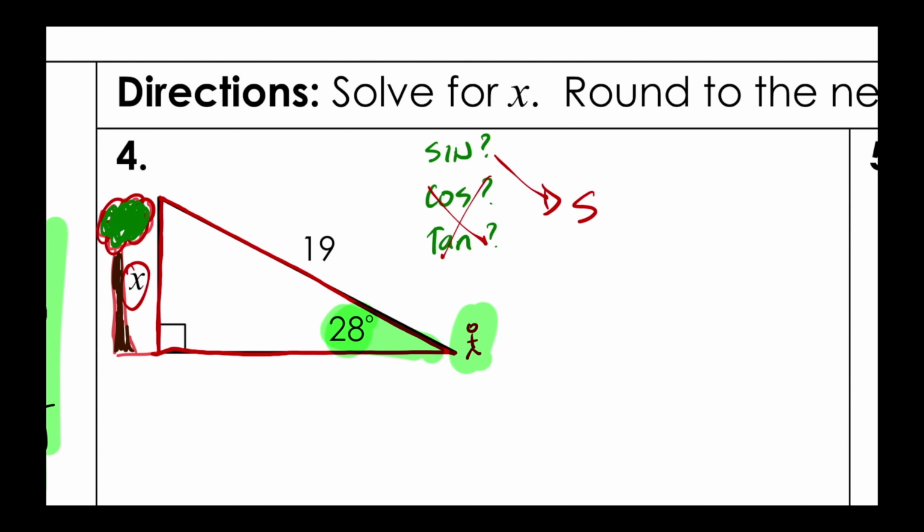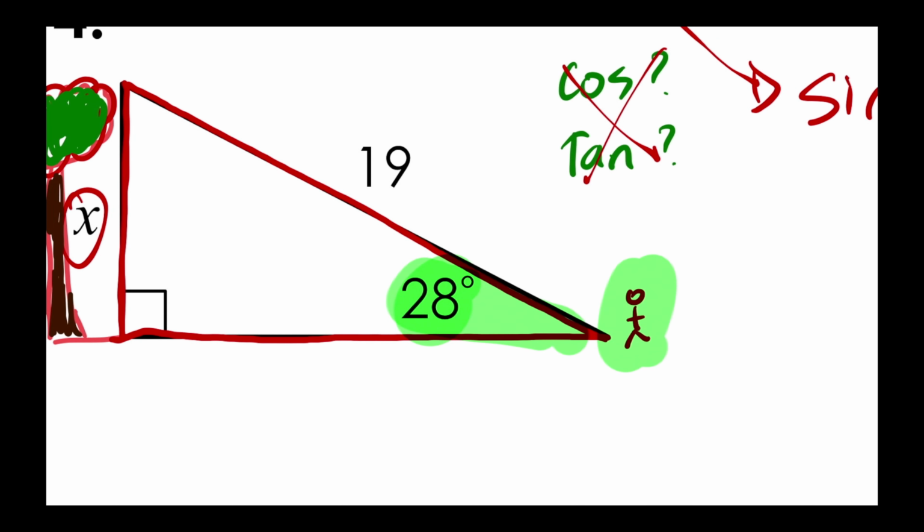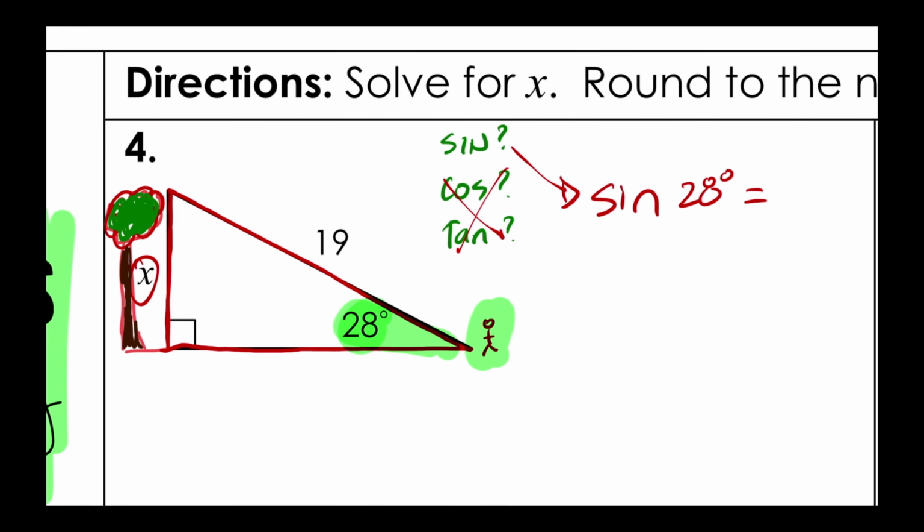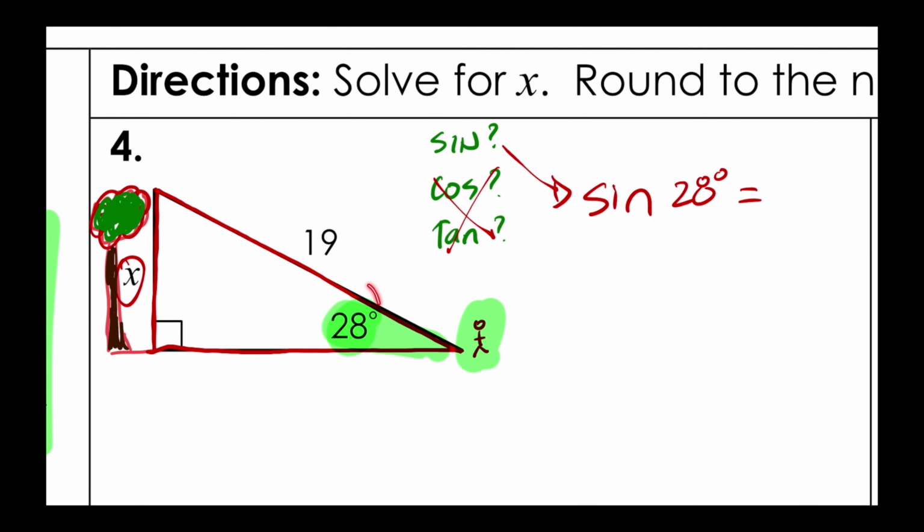So let's set up our equation, just like we've been doing. The sine of what? Well, the sine of this angle. What is this angle? It's 28 degrees. So I'm going to say the sine of 28 degrees equals, well, what's the opposite side from this 28 degrees? The opposite is x, over the hypotenuse.